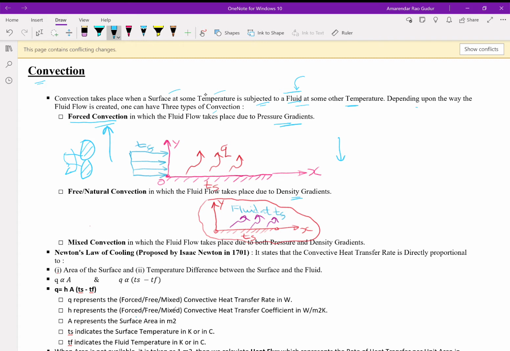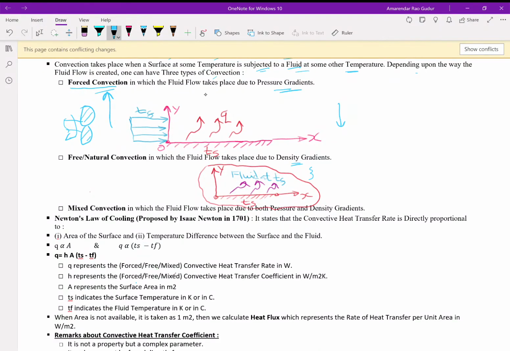So density gradients are created within the system, resulting in natural convection. Then in some cases we may have a combination of both pressure and density gradients. That type of convection we call mixed convection. So in many mechanical applications, we come across forced convection, sometimes free convection. Very rarely do we have mixed convection problems.